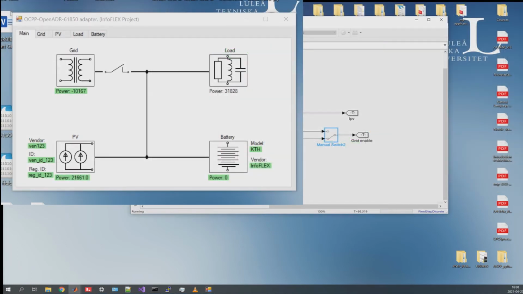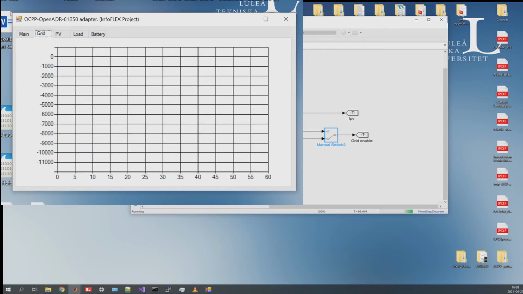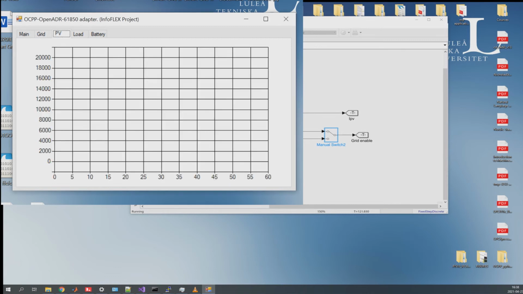By clicking on the grid tab, you can easily observe some power measurements related to the modeled system. Grid data, presented here, is obtained through the 61850 protocol. PV data is received through OpenADR.